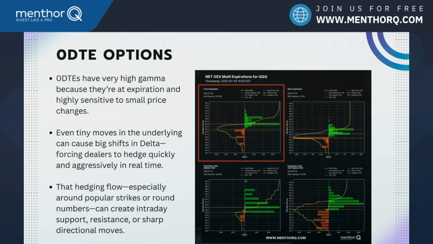So for traders, zero DTE gamma levels can really help you understand why price gets pinned intraday, why breakouts can accelerate, and why we see a reversal happen fast and without news. And this is also why we include our zero DTE levels within the indicator, so we're going to go over that as well.